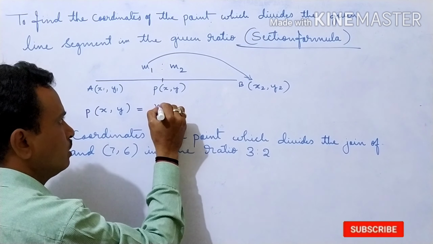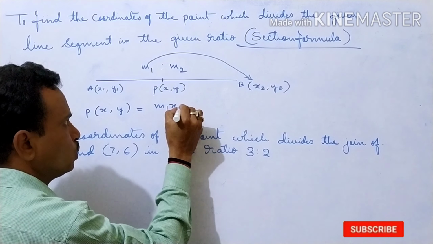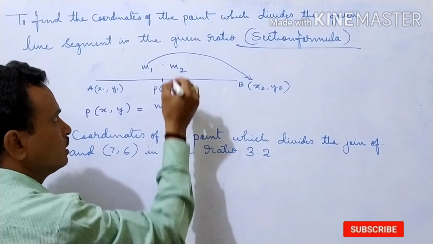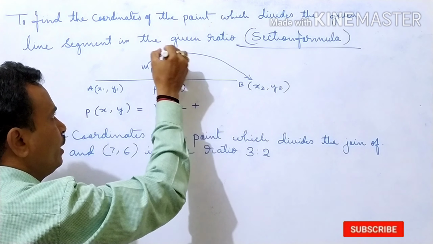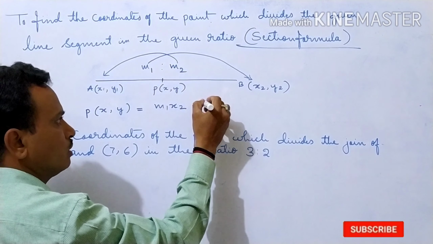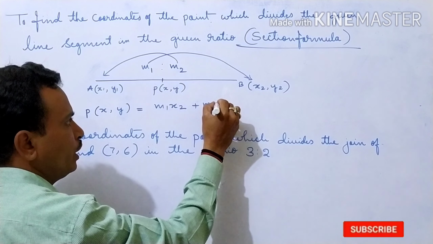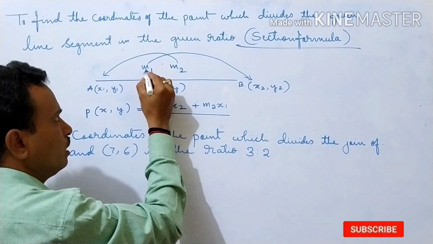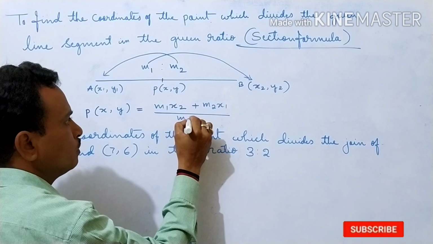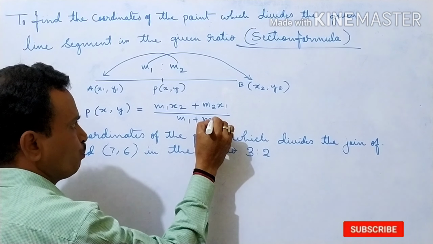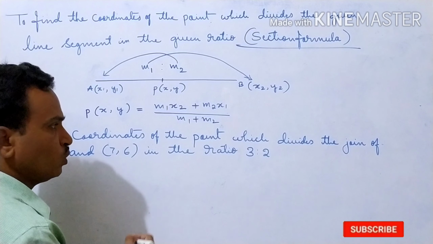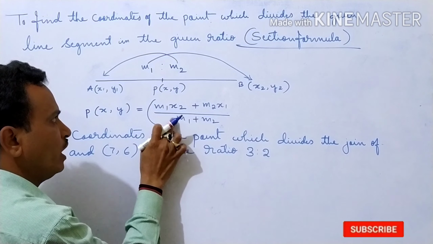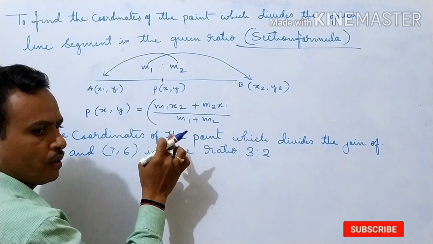First you should write M1 into X2, then plus M2 into X1, whole divided by M1 plus M2. Okay. Now to find the X coordinate, we have to use this formula.